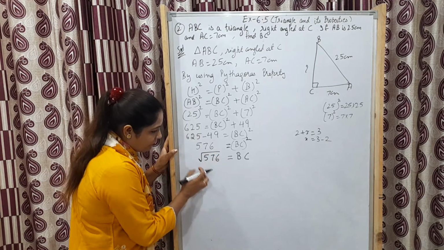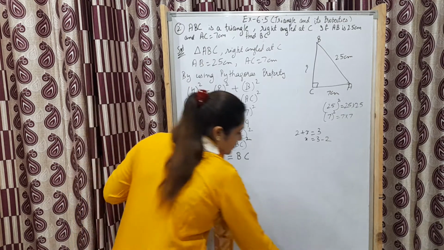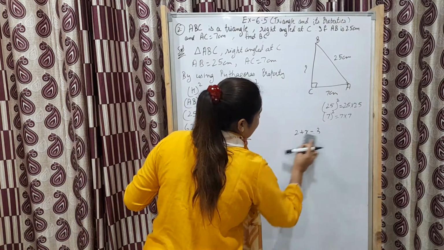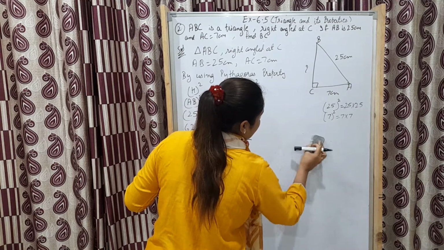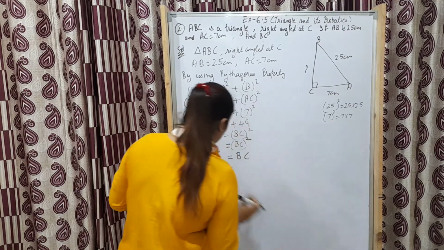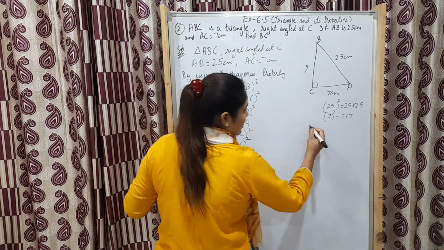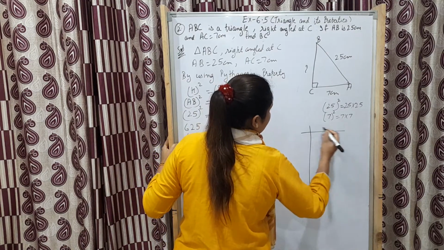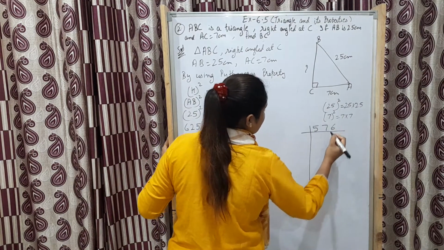Now how will we find the value of the square root? Now see students, when we find the value of a square root, for this we will use prime factorization. 576.